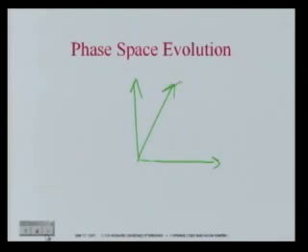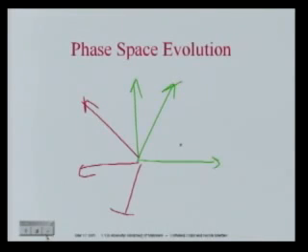3n of them, those represented in green, will really represent the positions, and the other 3n will represent velocities, okay? And obviously these are all orthogonal dimensions, and your point will be somewhere at a certain instant in time t.